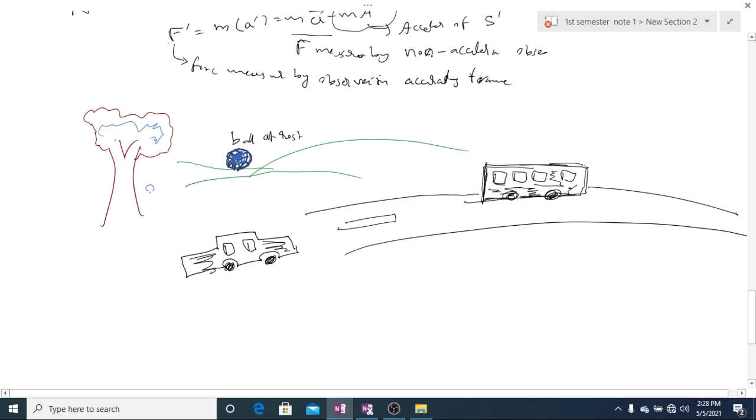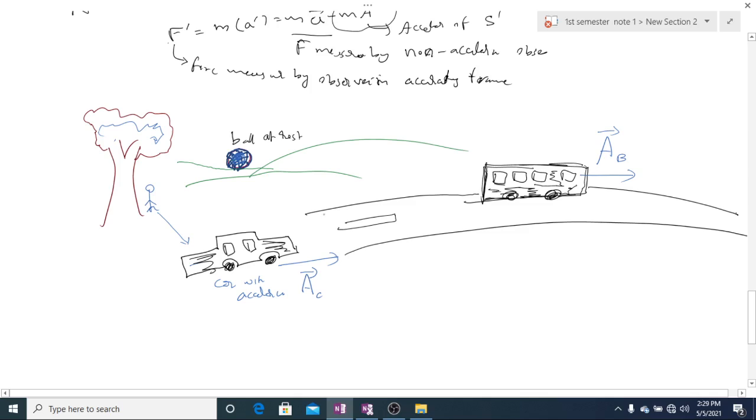There is a person standing below the tree, and this is a car with an acceleration AC with respect to the observer. With respect to this observer, the acceleration of the car is AC. And suppose this is a bus whose acceleration is AB with respect to the person who is at rest.